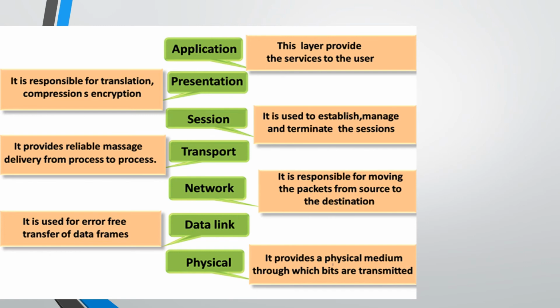The presentation layer is responsible for the translation, compression, and encryption of the data. The session layer is used to establish, manage, and terminate sessions. The transport layer provides reliable message delivery from process to process. The network layer is responsible for moving the packets from source to destination. The data link layer is used for error-free transfer of data frames, whereas the physical layer provides a physical medium through which bits are transmitted.